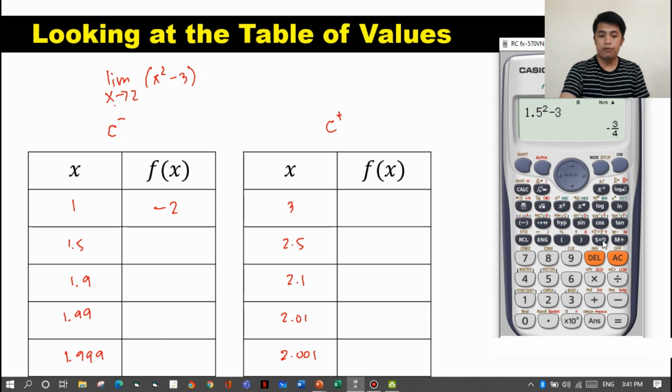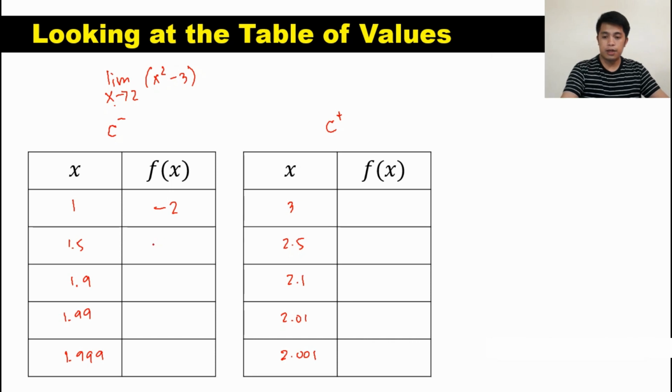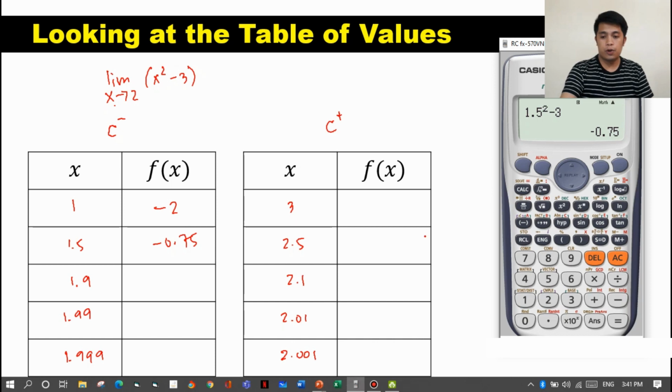Negative 0.75. So, 1.9 squared minus 3. Pila na siya? This is negative 0.61.